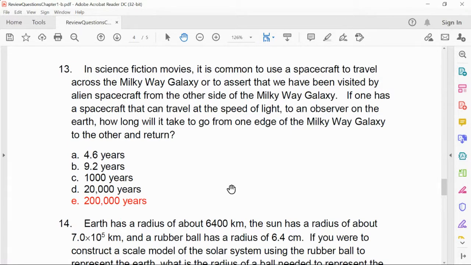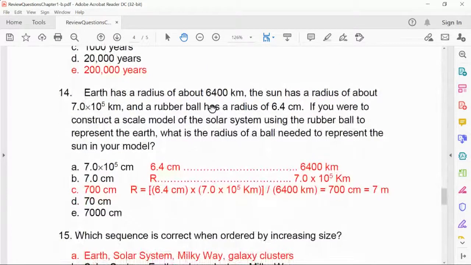And we already discussed that in the lecture. So if the diameter is 100,000 light years, and you can do that at the speed of light, then it will take you 100,000 years to go, and then 100,000 years to come back. So the answer here is 200,000 years.